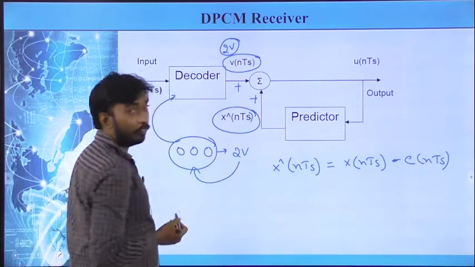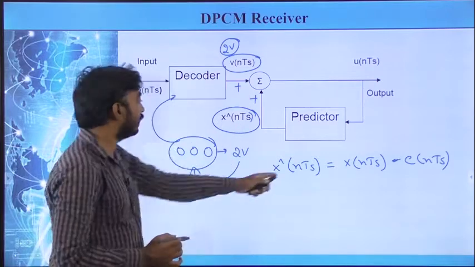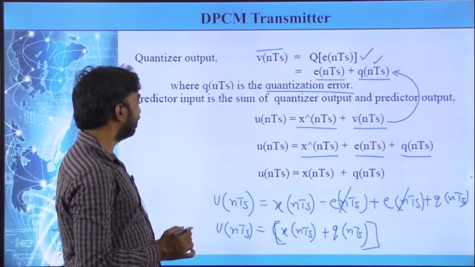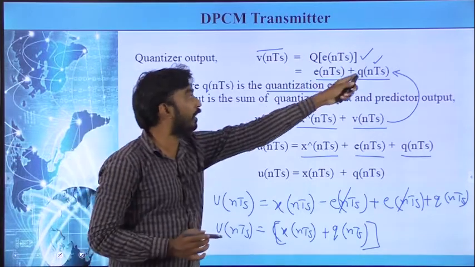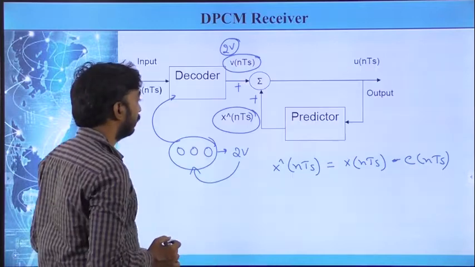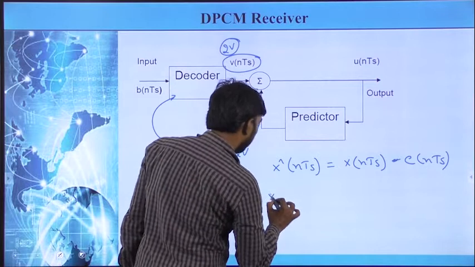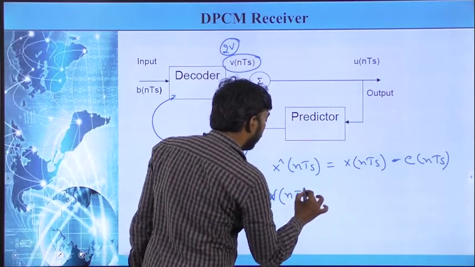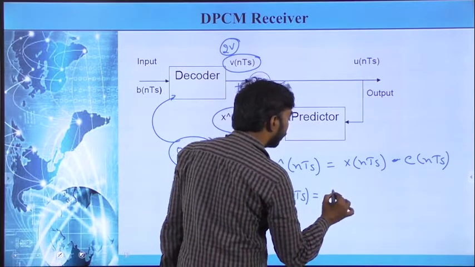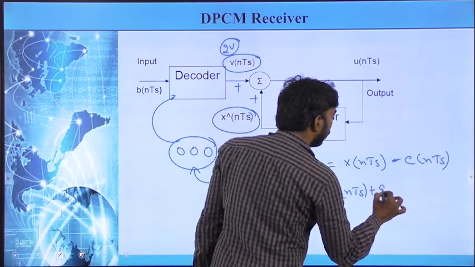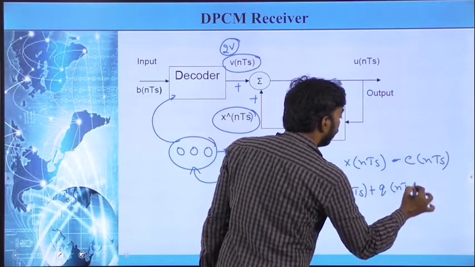What is V of nTs? V of nTs is equal to E of nTs plus Q of nTs.